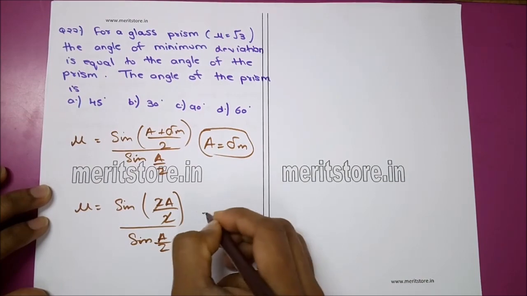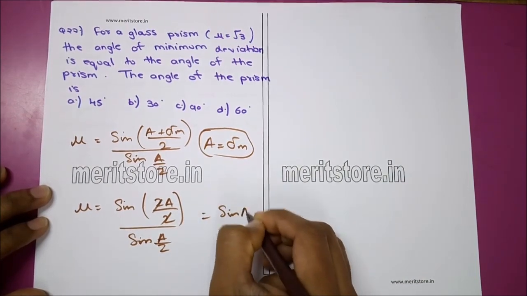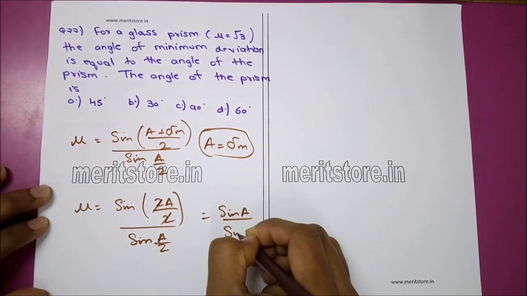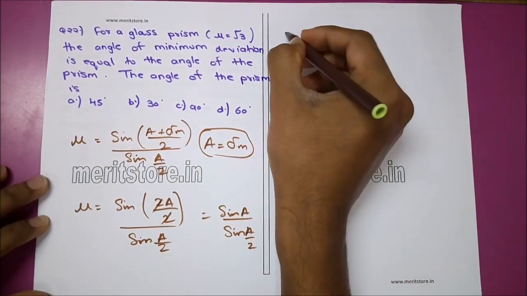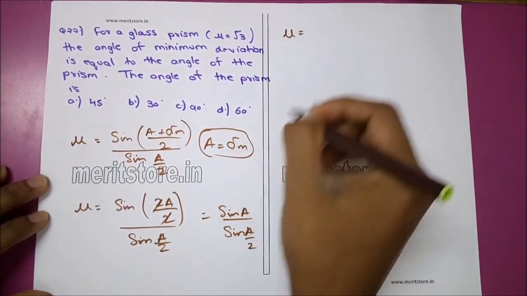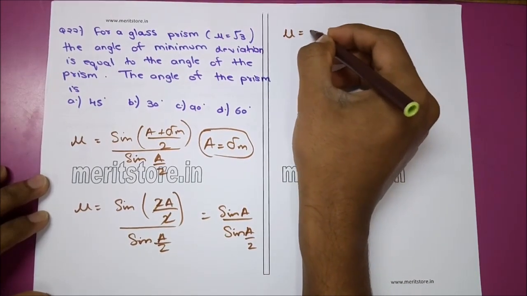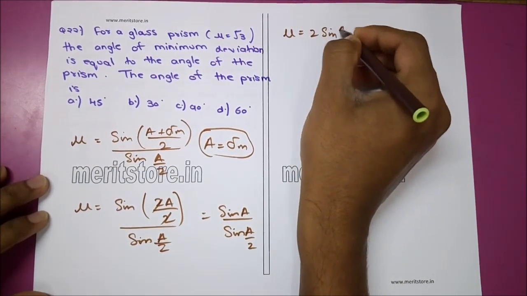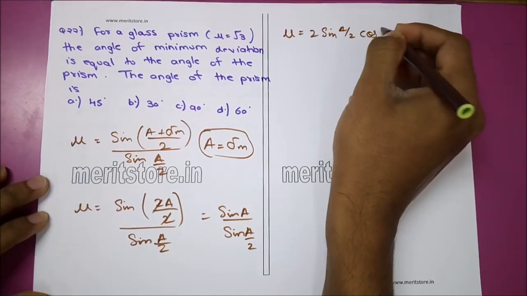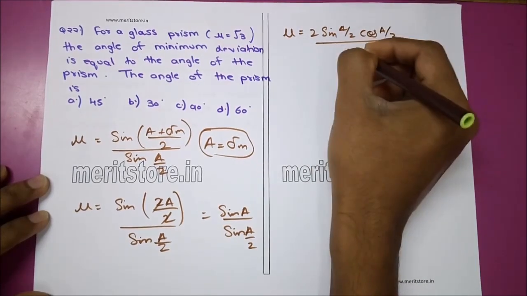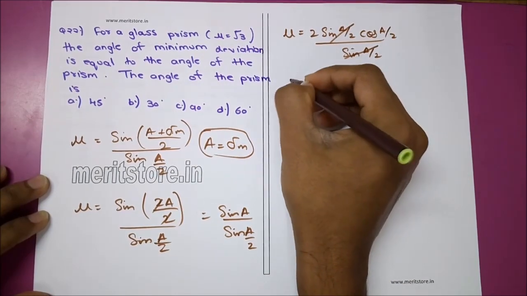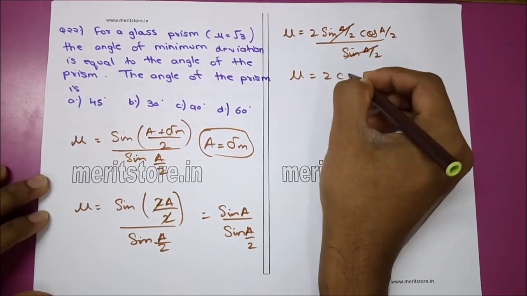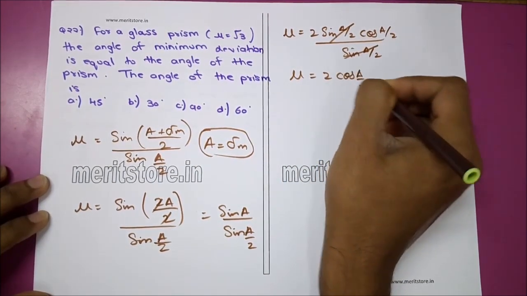So this 2 gets cancelled, so sine A upon sine of A by 2. Let's simplify this. Mu is equal to sine A, which can be written as 2 times sine of A by 2 cos A by 2, upon sine A by 2. So these get cancelled. So mu is equal to 2 times cos of A by 2.